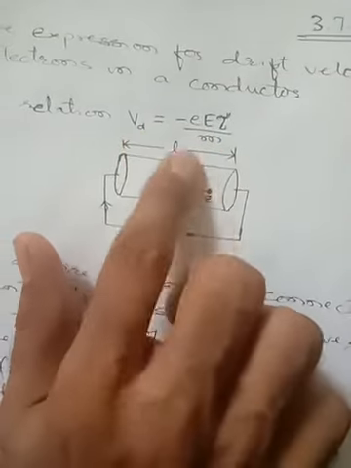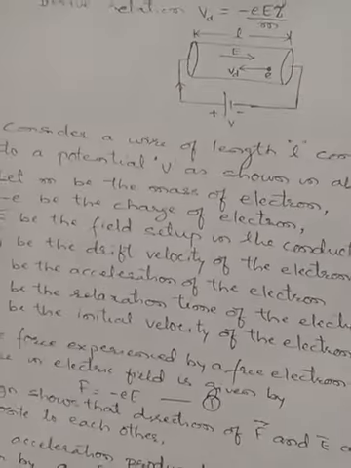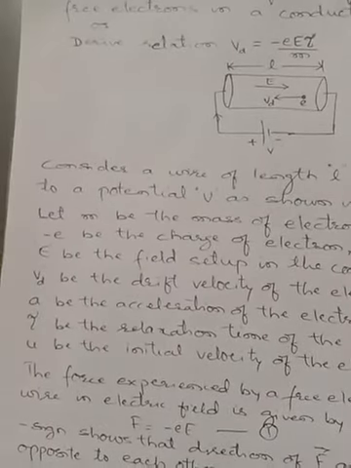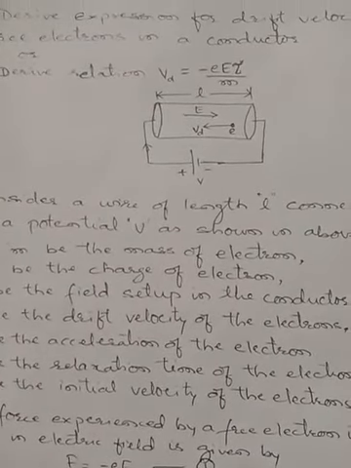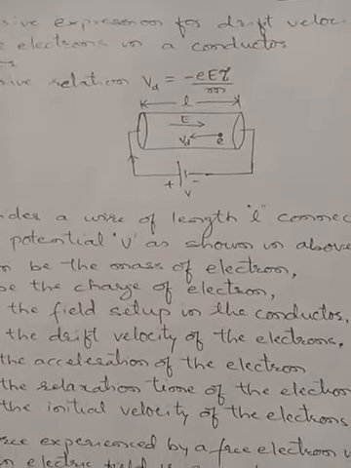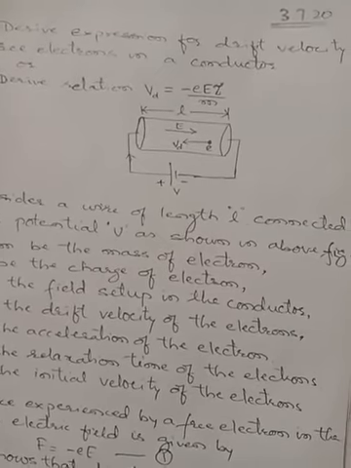So from this relation, how much potential difference is there, depending upon that only electric field will be set up, and how much electric field is set up, depending upon that the drift velocity will be set. So electric field and drift velocity are in opposite direction, or we can say that they are directly proportional.